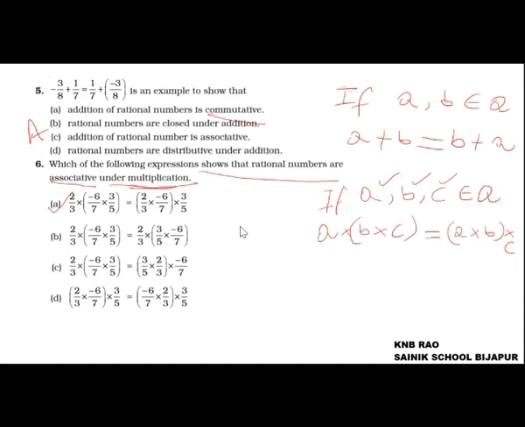Students, if you observe all the 4 options, they are all talking about the product of any 3 rational numbers, however they are multiplied, being the same.